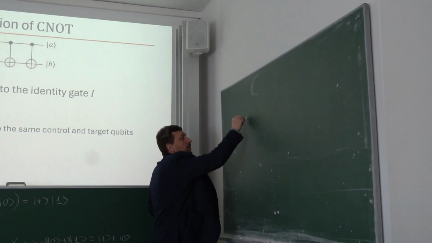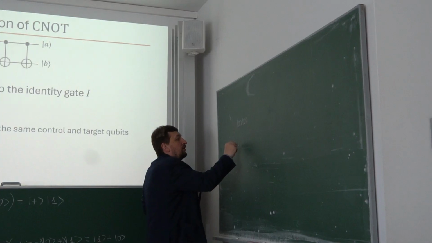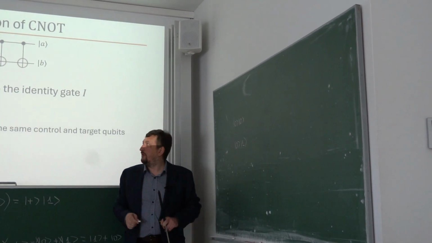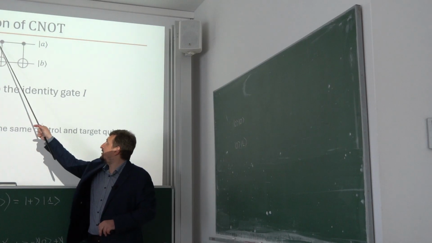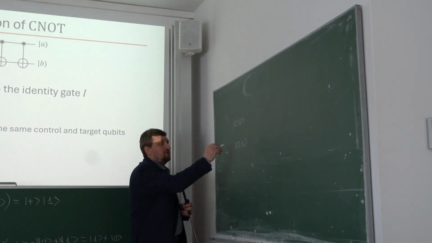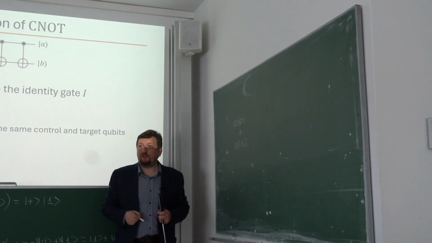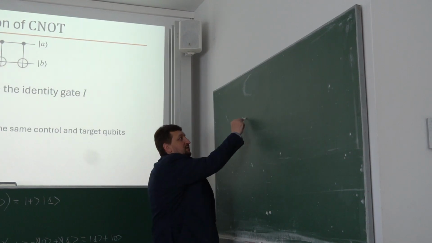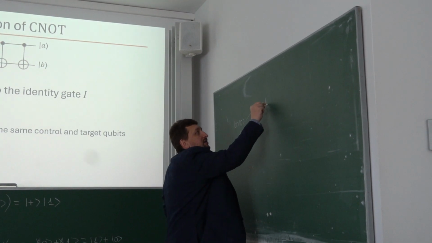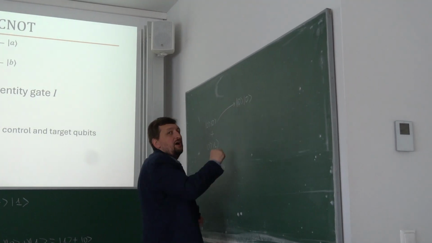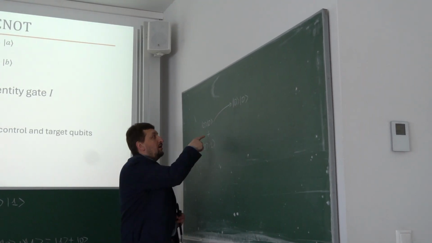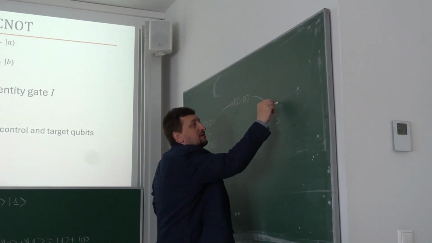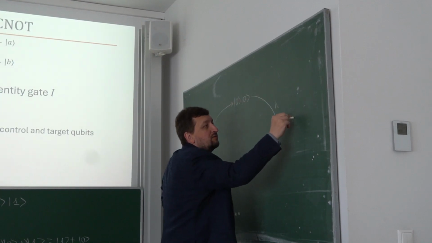So I have a superposition of 2 states. Now I apply this gate. Then I apply this CNOT gate. This part stays |0,0⟩ after the first CNOT gate. Then after the second CNOT gate, it stays |0,0⟩.